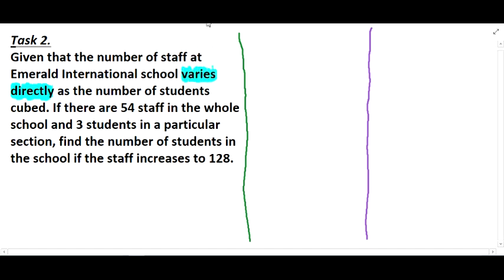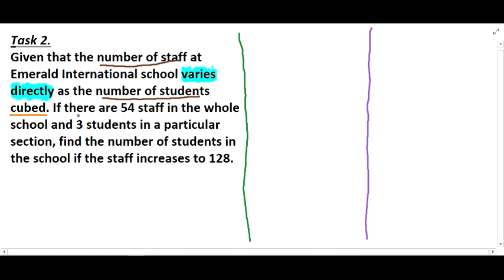So it's direct variation at this point. Okay, now, as the number of students, so the quantities we have here are the number of staff and the number of students. But we have another word here, cubed. This word can be very tricky. Don't let it trick you. This word cubed is another thing we have to take into consideration.